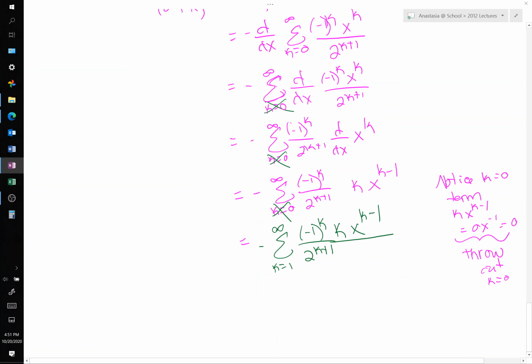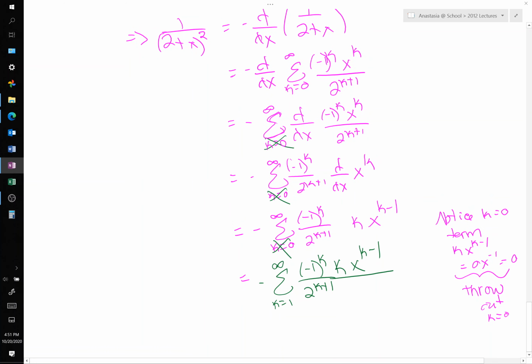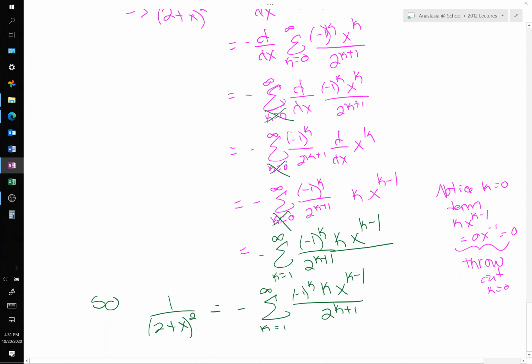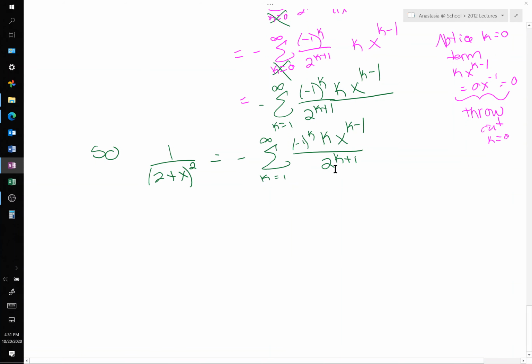Okay, so this is the series that we get here. So 1 over 2 plus x squared is going to equal negative sum from k equals 1 to infinity of negative 1 to the k times k x to the k minus 1 over 2 to the k plus 1. So here is our function and our power series representation.